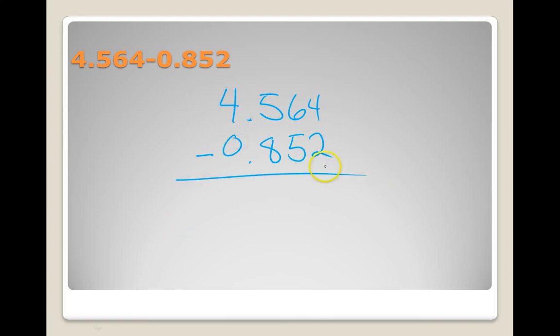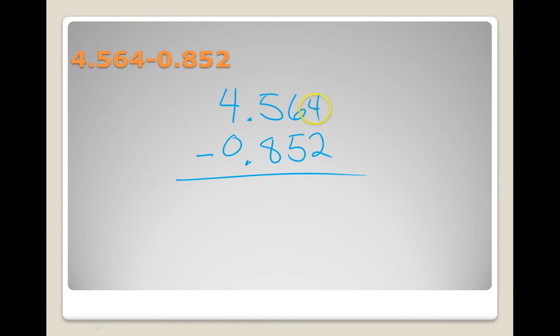Let's try the subtraction problem. Subtraction works the same way. So we have 4 and 564 thousandths minus 852 thousandths. We can see we lined up those decimal places. Tenths line up with tenths, hundredths line up with hundredths, thousandths line up with thousandths.